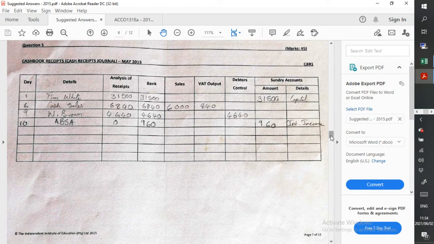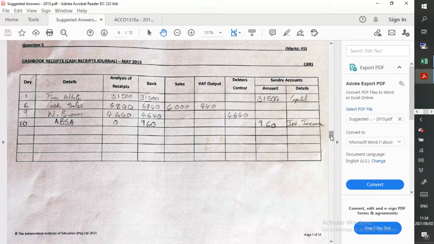Then it says an invoice was recorded for 5,700 against a return of 1,140. These were the only two transactions. So in other words, we owed someone and we've gone and paid them by check. So this is going to be affecting the cash payments journal.